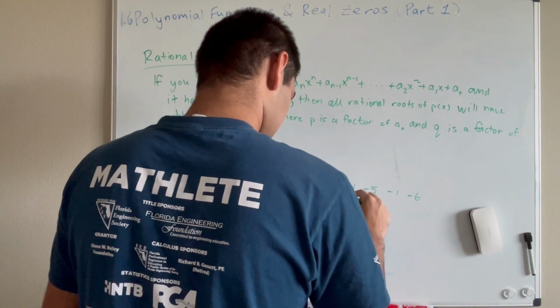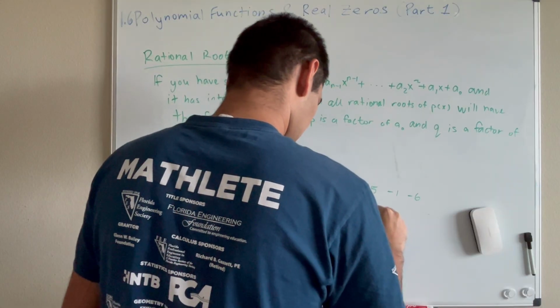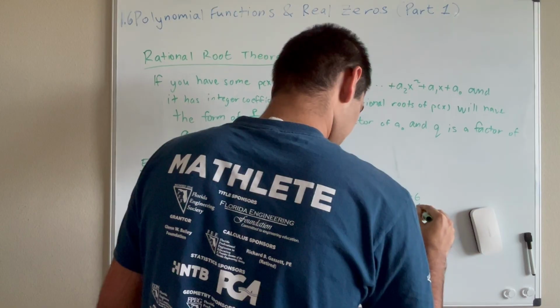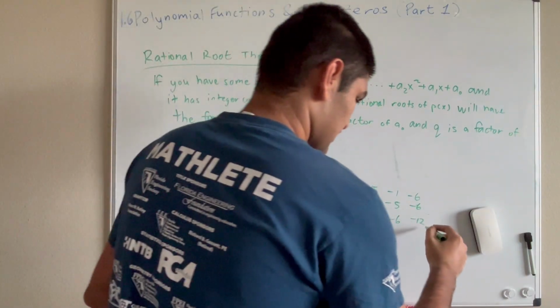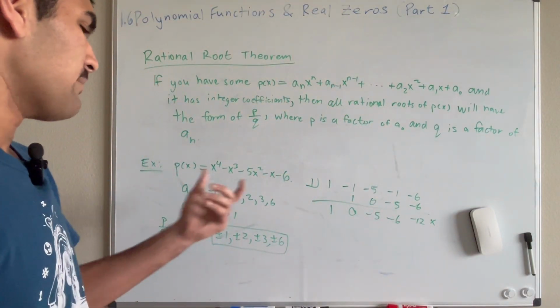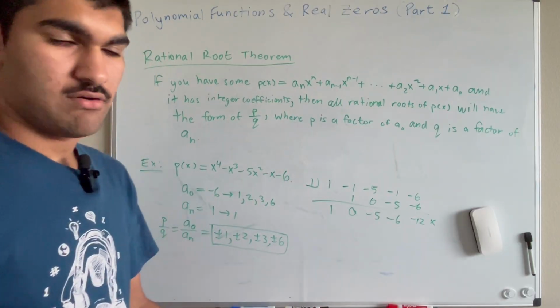So 1, 0, 0, negative 5. You get negative 12, right? Since negative 12 is not 0, that means x minus 1 is not a factor of the polynomial, which means that 1 is not a zero.